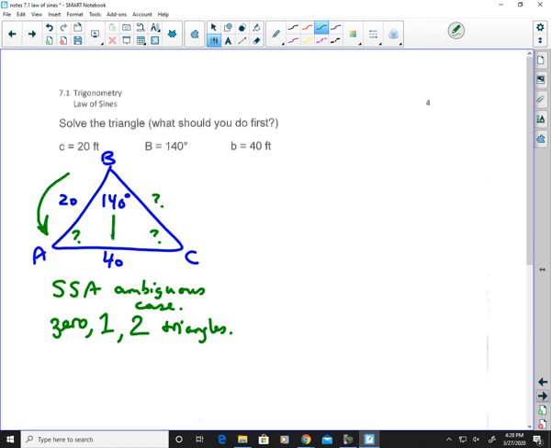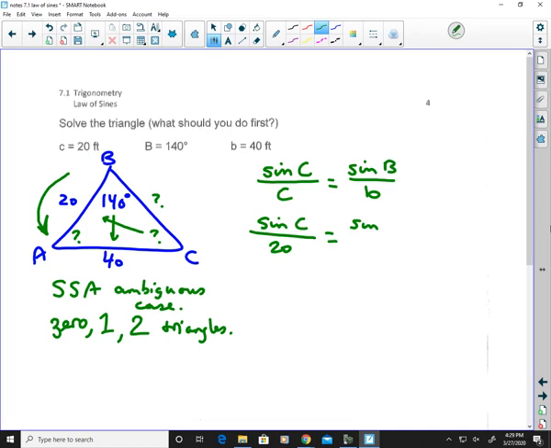So looks like I know everything about B. I am going to try for angle C. So sine of C over side C will be related to sine of B over side B. Sine of C over 20 will equal sine of B, which is 140 degrees, over 40.